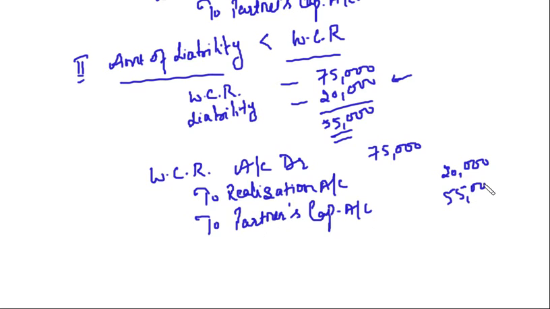Clear, friends? So to the extent of liability, we will transfer workmen compensation to realization account, and whatever balance reserve is appearing in the balance sheet, we will transfer that to partners' capital accounts.